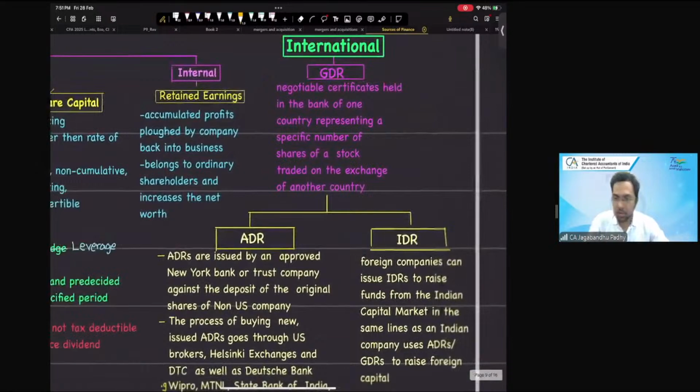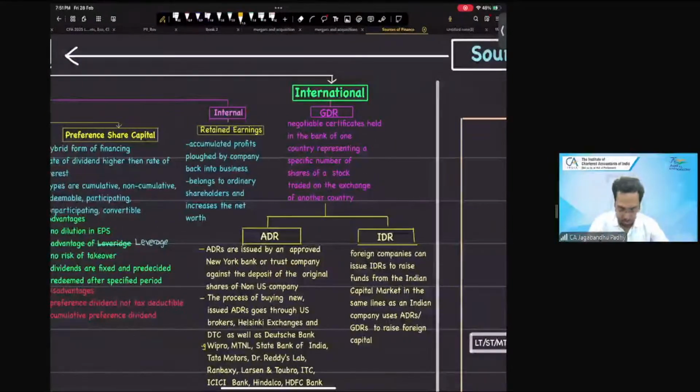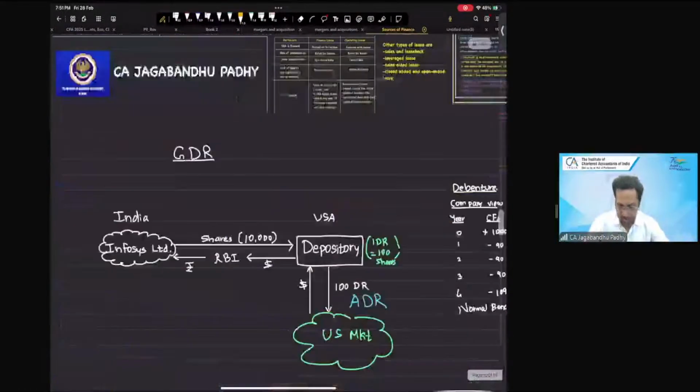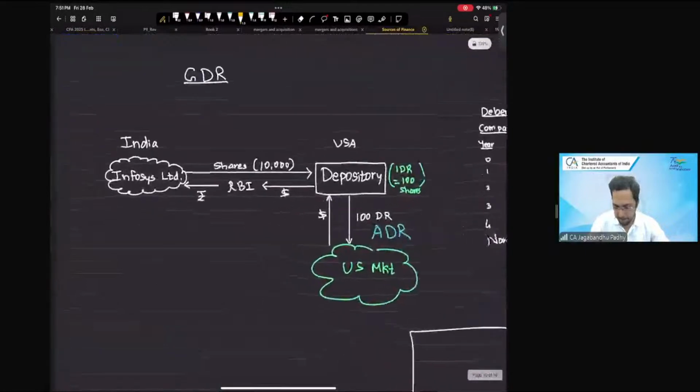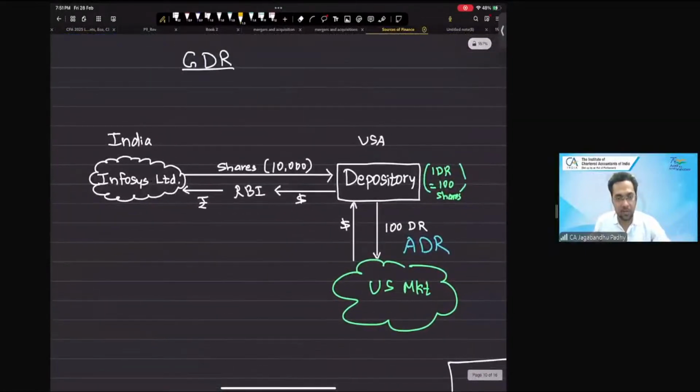Then coming to this ADR and GDR concept, let's look at this simple concept. Global depository receipt or American depository receipt. For example, in India, we have Infosys.